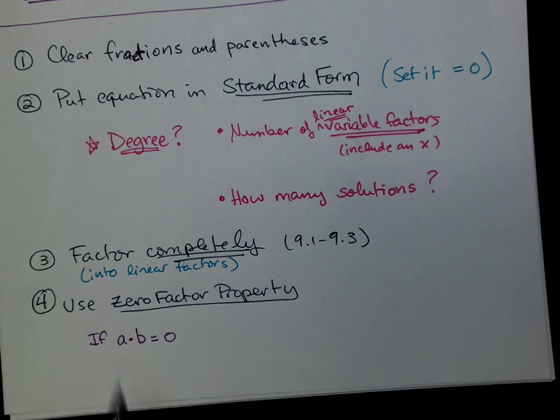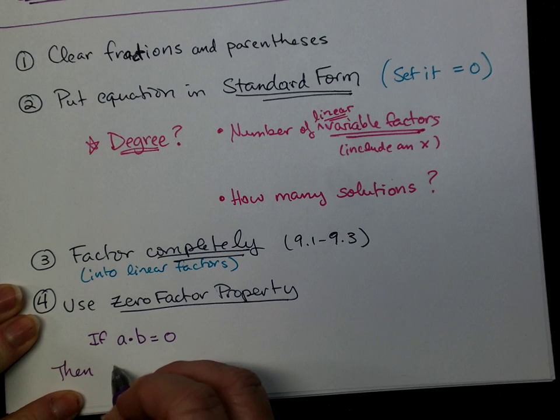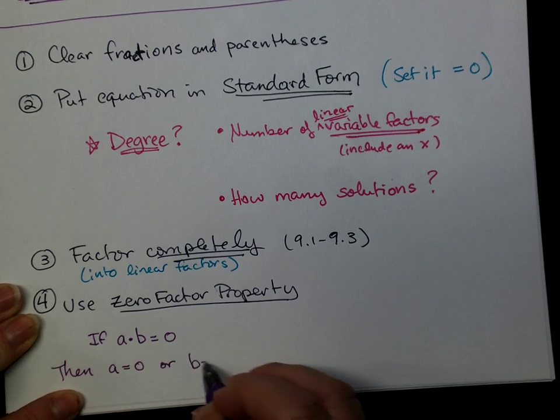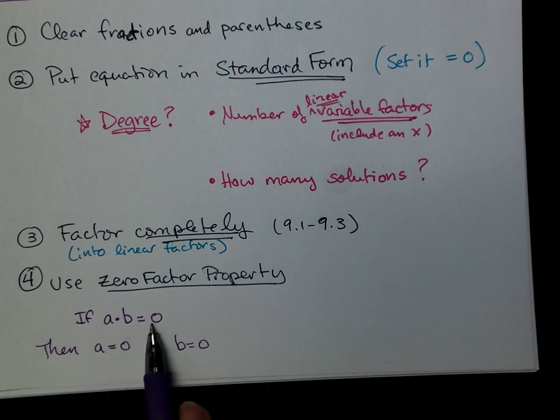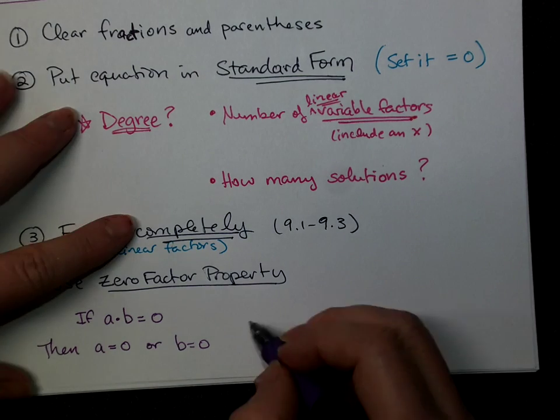So, if a times b equals 0, then you know that either a is equal to 0 or b is equal to 0. One of those things has to be true in order for this to be true. That's true no matter how many factors you have.